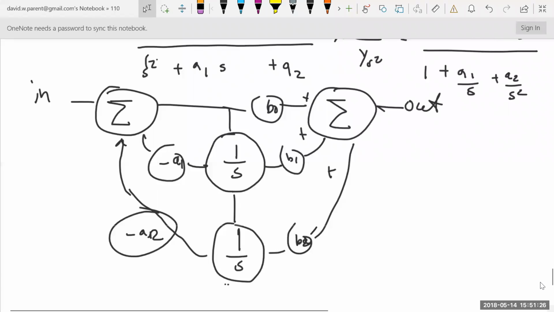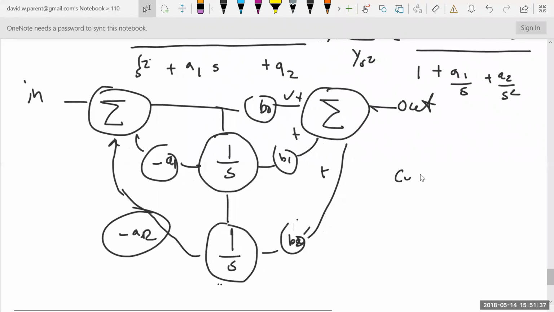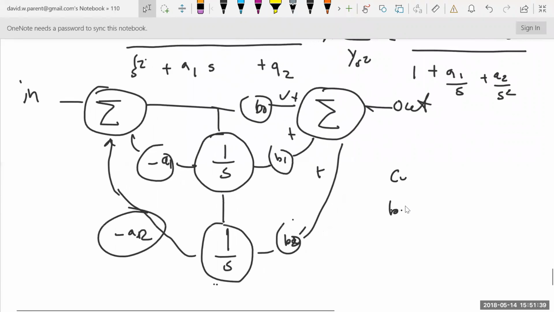But notice, these are parallel circuits, right? So B1 is just some constant, B1, right? This is B1 over S. This is B2 over S squared, right?